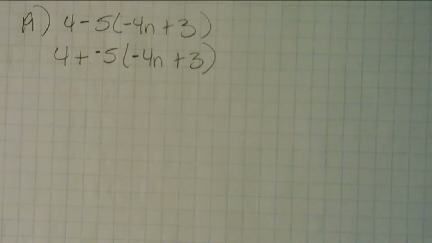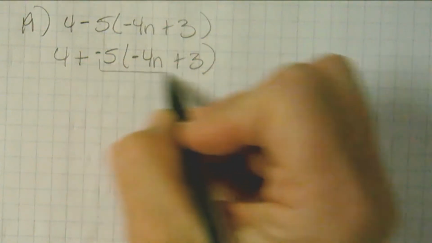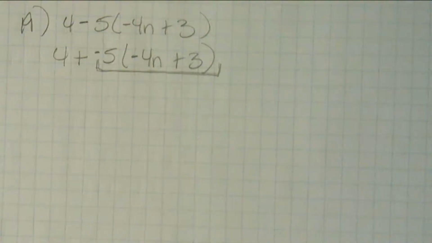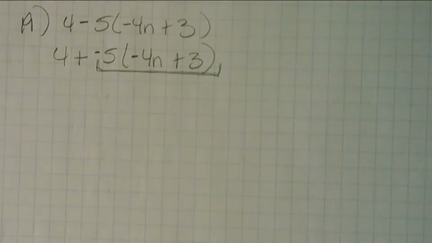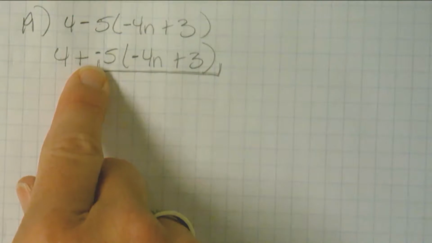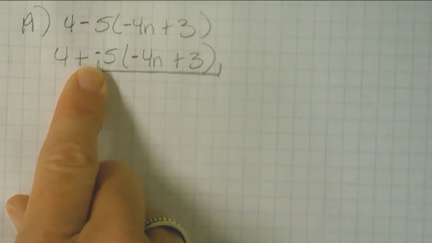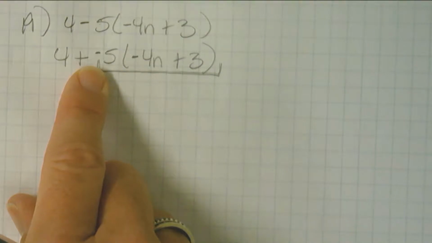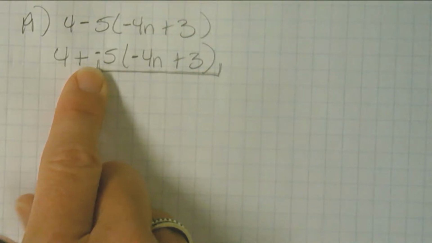Okay, now this is the distributive property. It is multiplication. You have to do multiplication before you do addition. So you cannot add 4 and negative 5 first. As tempting as that may seem, and you're like, oh, that's going to make my life a lot easier, no, that's the wrong order.